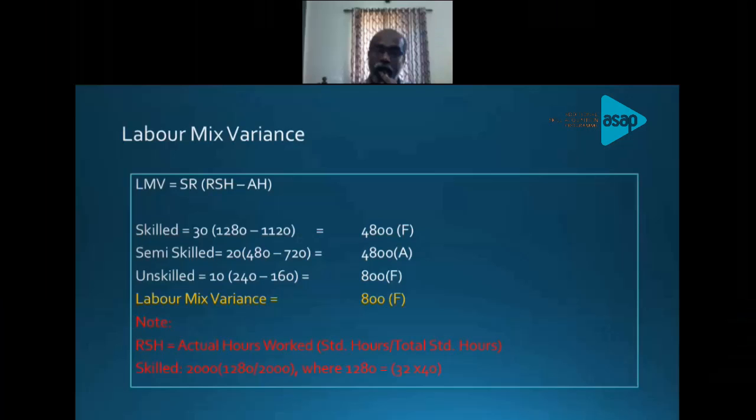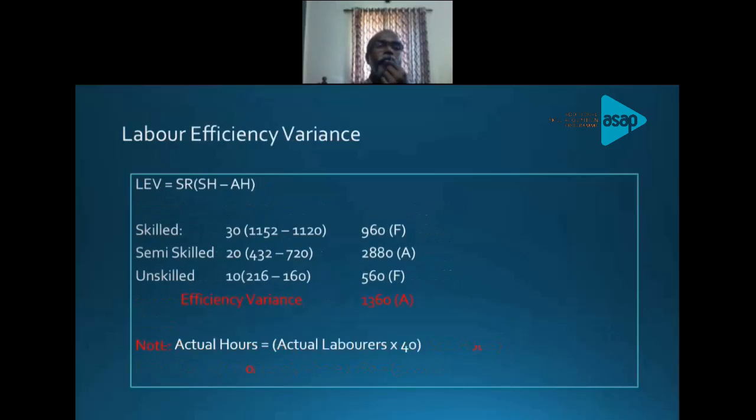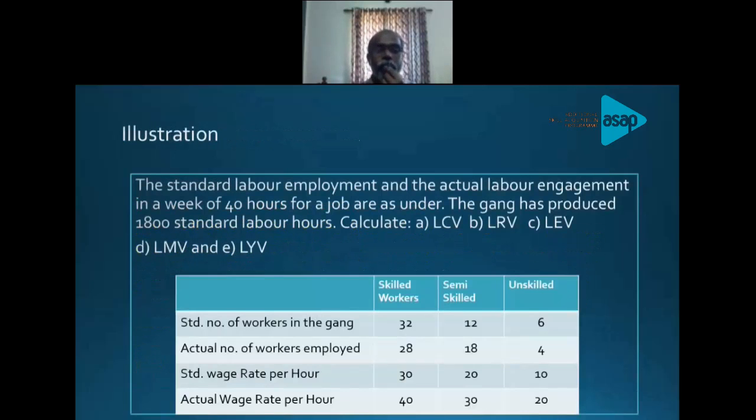In this question, you can see there are 32 skilled workers, 12 semi-skilled workers, and 6 unskilled workers.